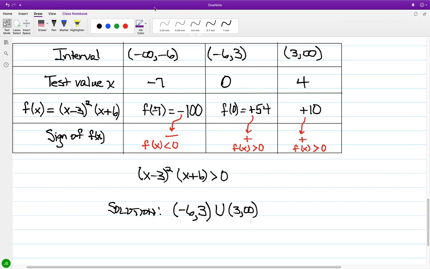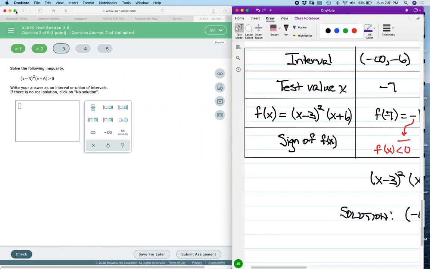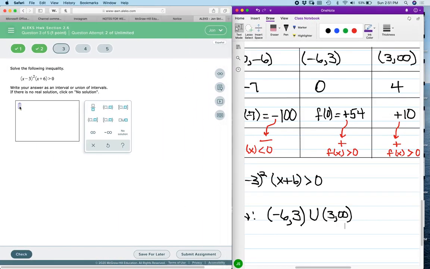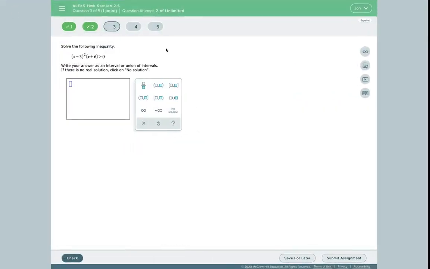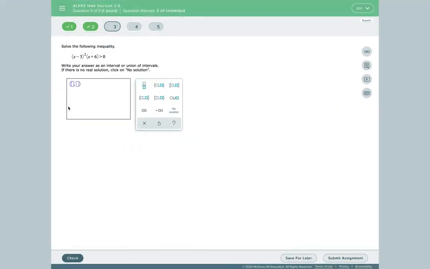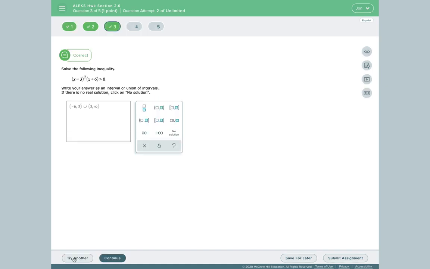And if I relay this over to what we have here, you have between -6 and positive 3, then the union symbol, and from 3 out to infinity, and checking, the result is correct.